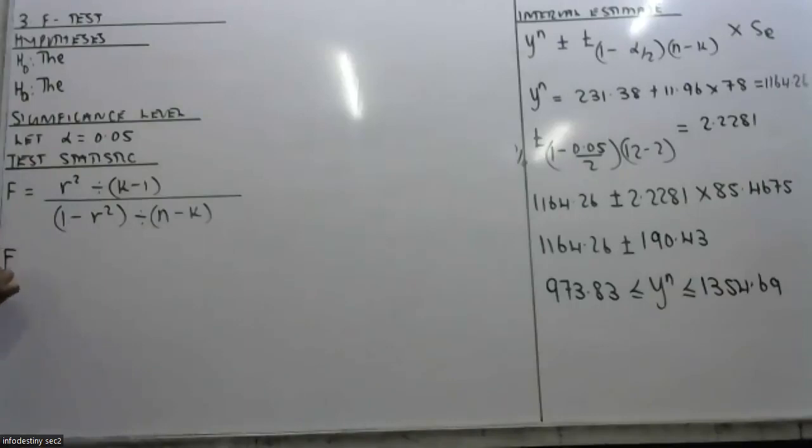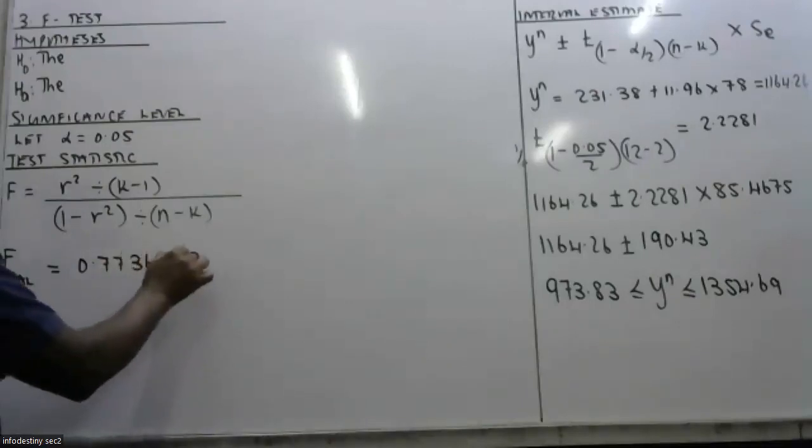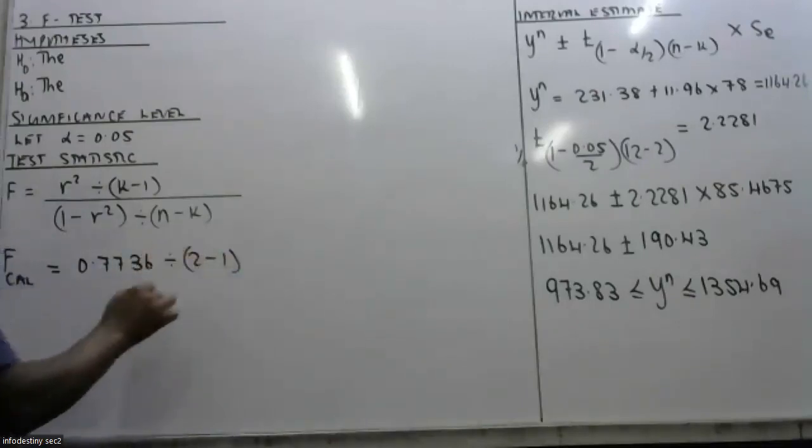So our F calculated, going to the part, R squared is 0.7736. Now this one you're dividing by 2 minus 1.